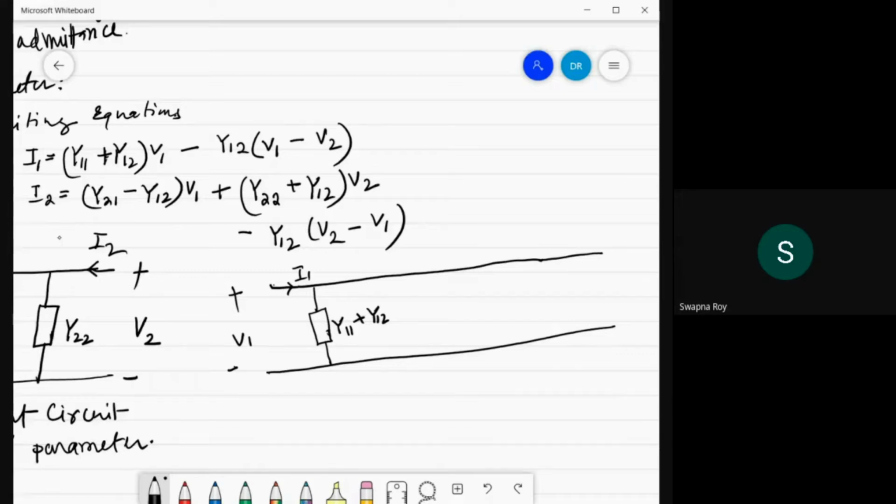Now another admittance is Y12 times V1 minus V2. So just consider this node, the node voltage is V1, right? I'm putting one admittance, this is minus Y12.